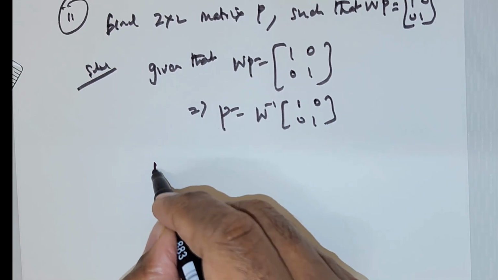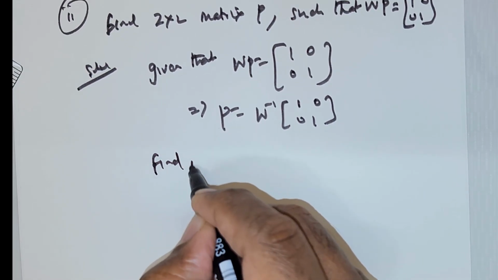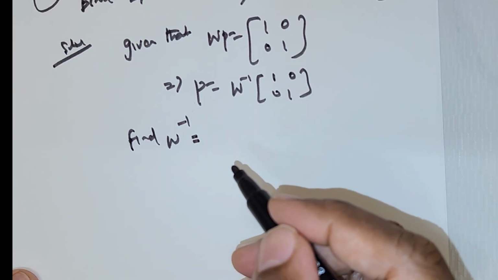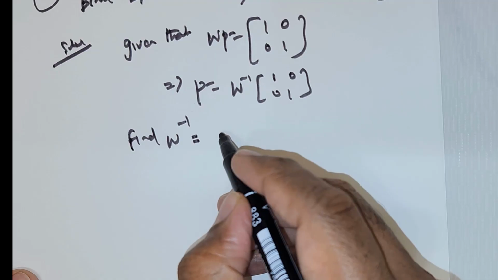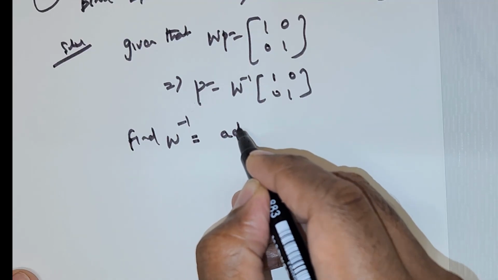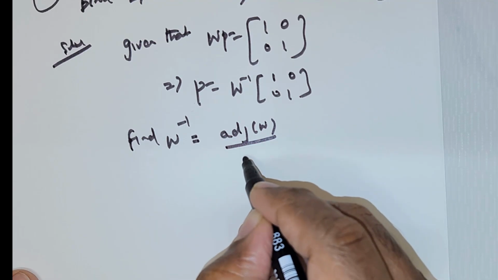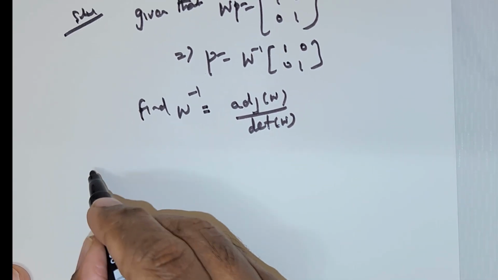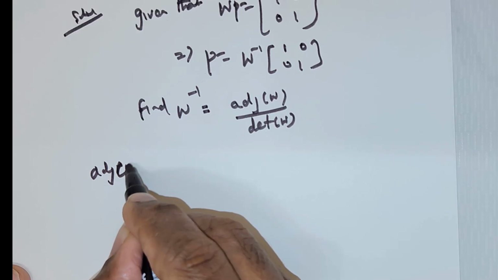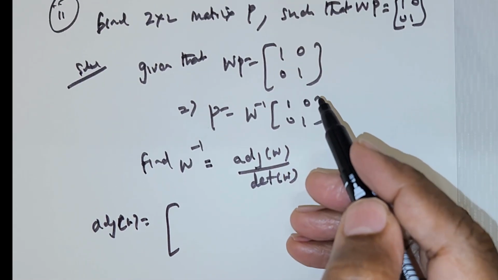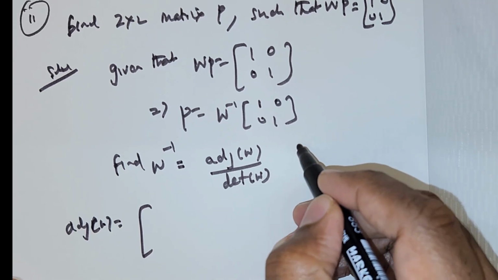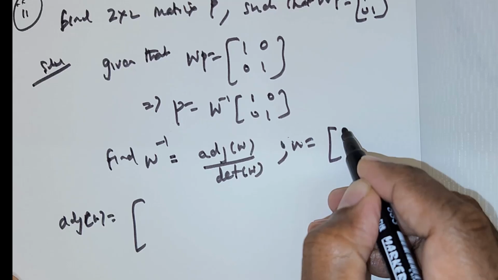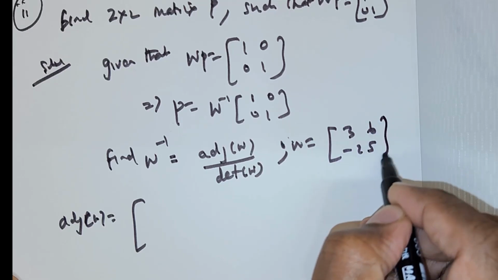So now we need to find W inverse. So W inverse is nothing but the adjoint of W divided by the determinant of W. So to get the adjoint of W, we use the matrix W. W is 3, 6, negative 2, 5.